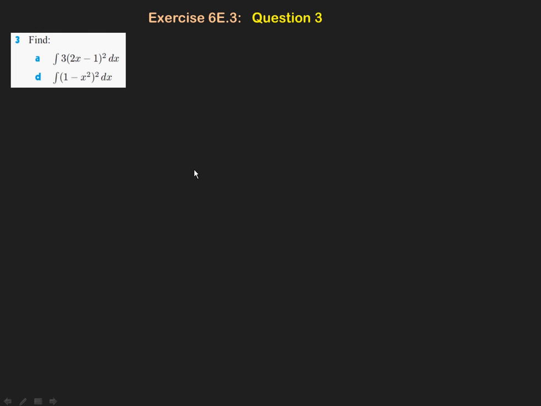This is very similar to questions that we discussed just now. I'm just going to do A. I will talk about D a little bit, but I will not do it. Just by writing a 3 in front, remember the property we discussed in one of the earlier exercises.